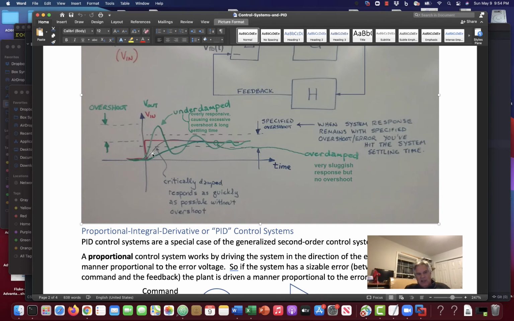Because that tells us a lot. And if the system responds by going past there and then having to come back, and it overshoots too far, and then it goes up and it overshoots and eventually it gets into some acceptable closeness to the target, that system is underdamped.